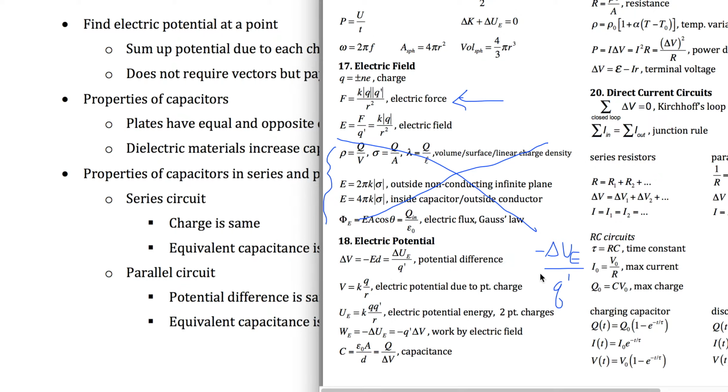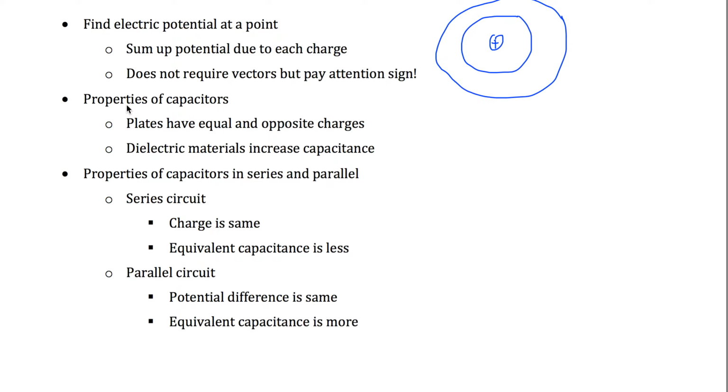So let me erase all this. You would use this equation right here. This would just be kind of a plug and chug kind of thing. And if you have more than one charge, then potential is a scalar, so you don't have to worry about direction. But let's say you have a negative charge here, and it produces a potential at this point.